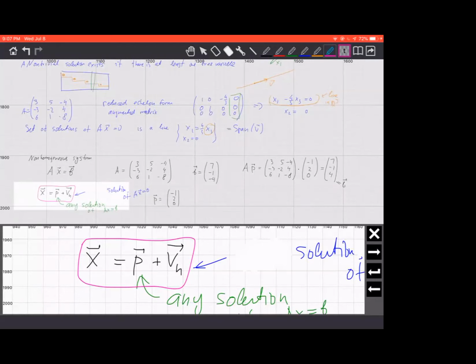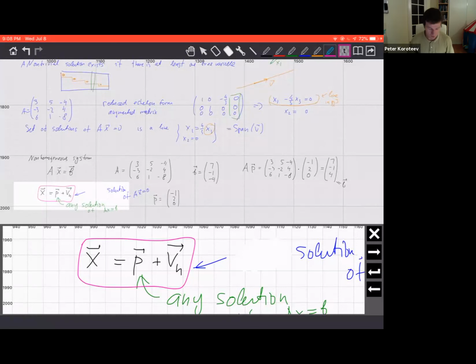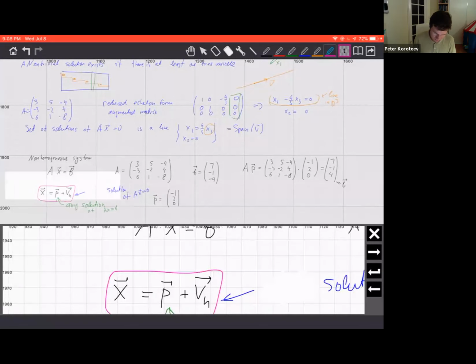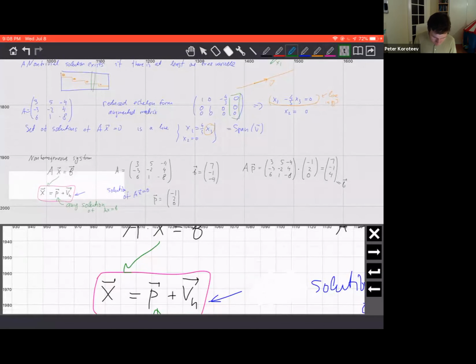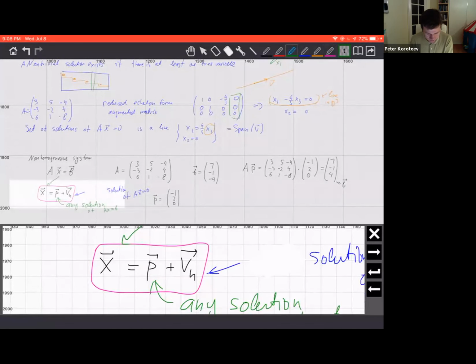Is this X for the homogeneous equation? No, here it is for the non-homogeneous equation. So this X is this X here. What's in the purple bracket is the description of the set of solutions of the full inhomogeneous equation.